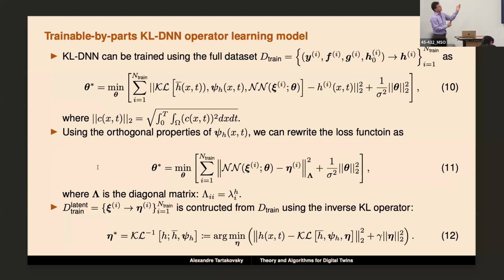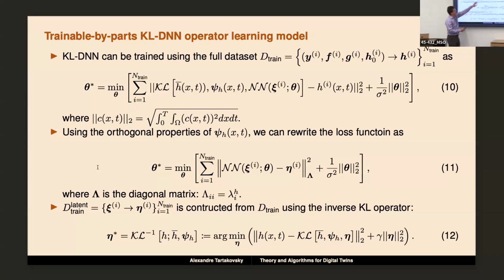Now, how do we train this KLDNN model? Well, we can use the same type of loss function as we use for all other operator learning models. However, the issue with this is that we have this norm of a function that is defined in this way.